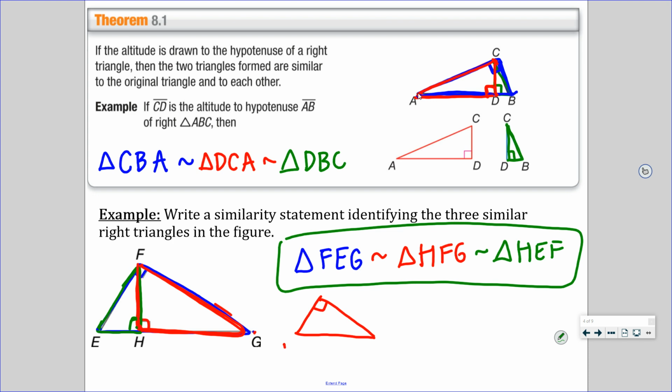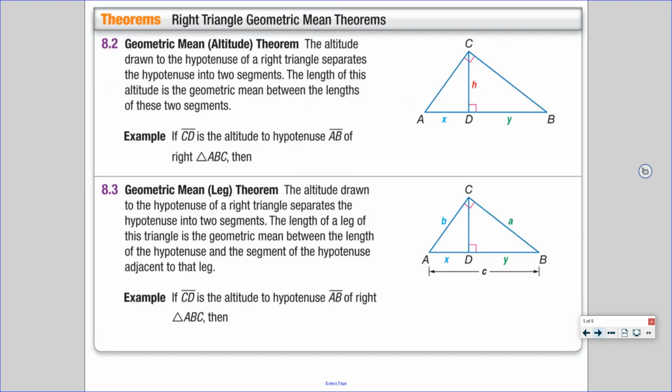F would come down here, F, H, G. And then it might be a little bit easier: you go, oh, F, E, G, H, F, G. Same with the green one. If you want to redraw it and flip that end up, you could do that. You don't have to. If you're okay with doing this, then that's fine.